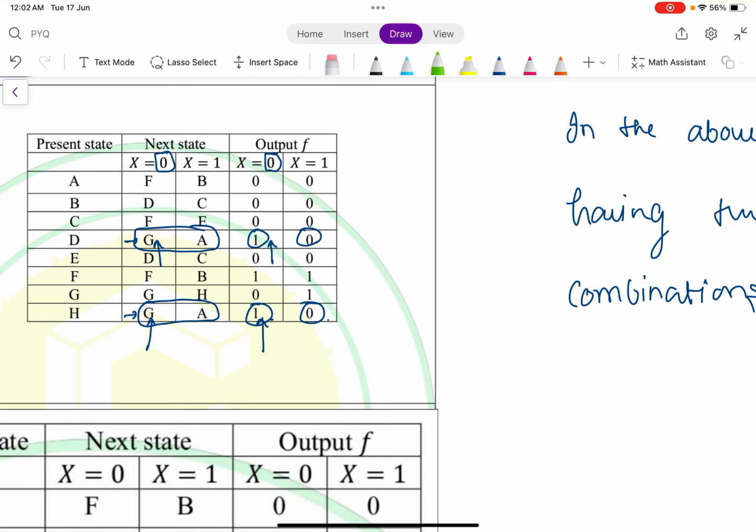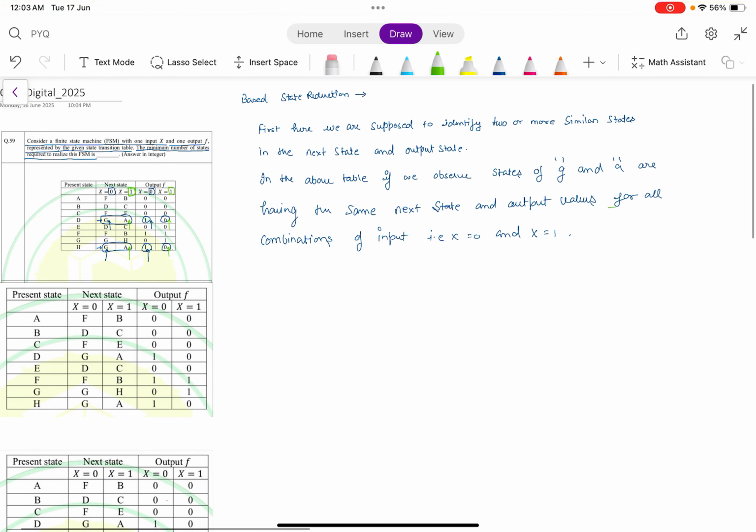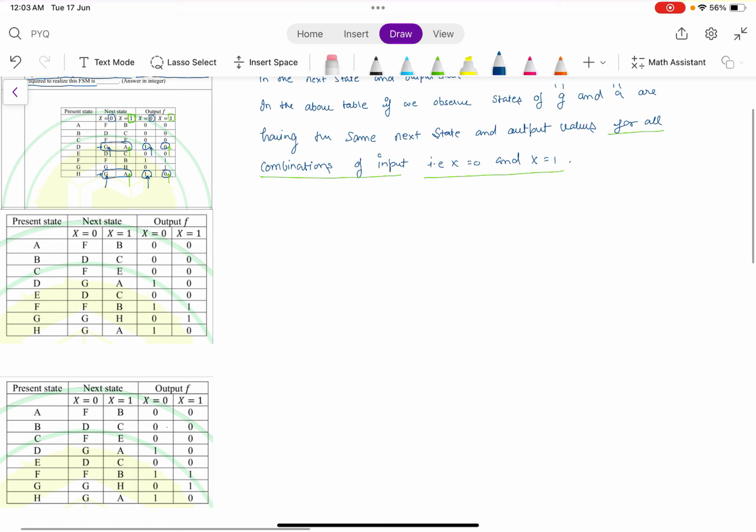Now if you get the next state A, you will have the input 1, so the output corresponding to the input 1 is 0. Now in this state, if you get A as your next state, the output corresponding to the input 1 again is the same, which is 0. That's why it is said for all combinations of input, that is x equals 0 and x equals 1.